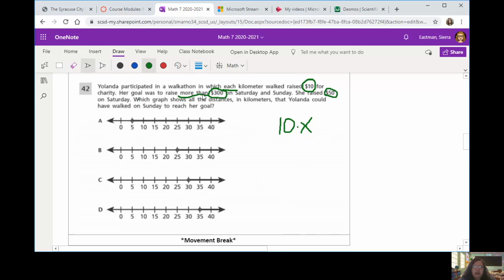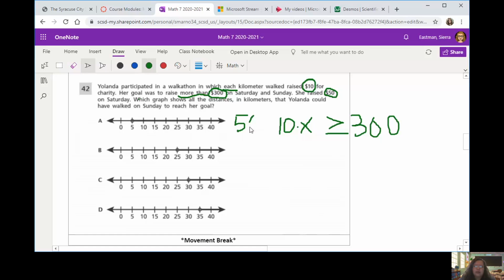She wants to raise more than 300. So whatever the actual amount is that she does make needs to be greater than or equal to 300. Okay, we want our alligator symbol to be pointing to this side because we want this to be more. And she already has $50.